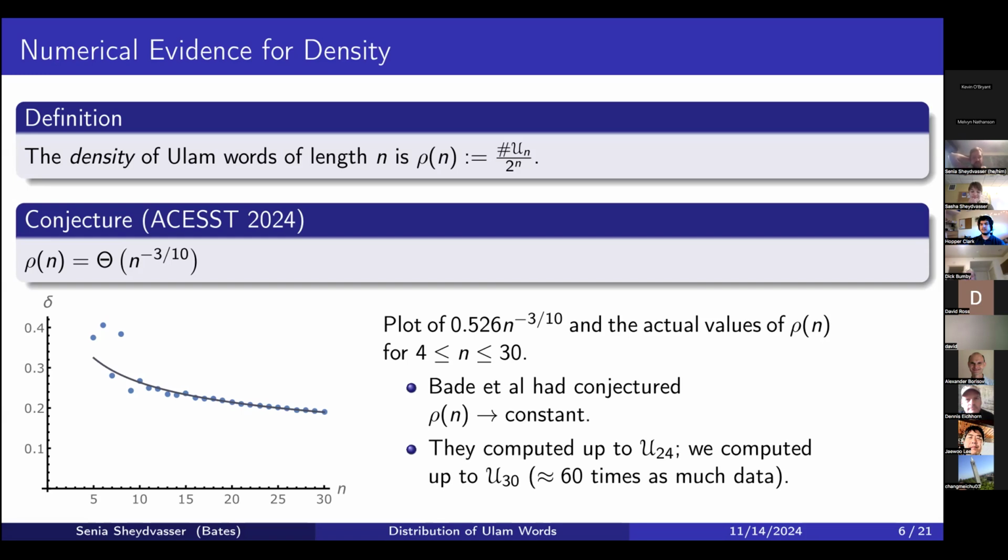The density does converge to a constant, but it's not a positive constant the way that they had suggested. It's converging to 0. And I will note that they had only computed up to words of length 24, and we managed to get up to words of length 30, which is actually almost 60 times as much data. So we had a little bit more to play with.